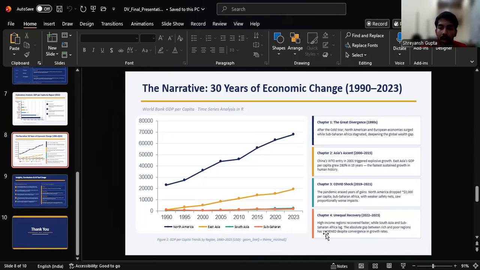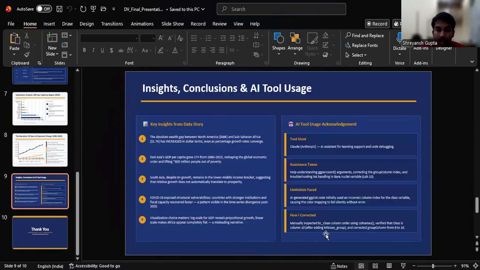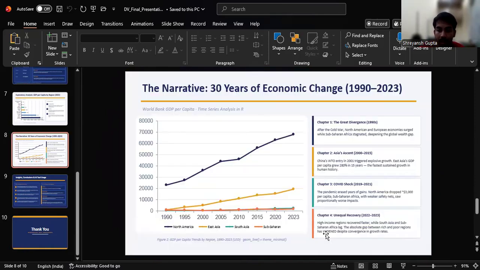Another important learning was that visualization choice matters. For example, using a linear scale can sometimes hide proportional growth patterns. We can also see that South Asia, despite 6x growth, remains in the lower middle income bracket, suggesting that relative growth does not automatically translate to prosperity.